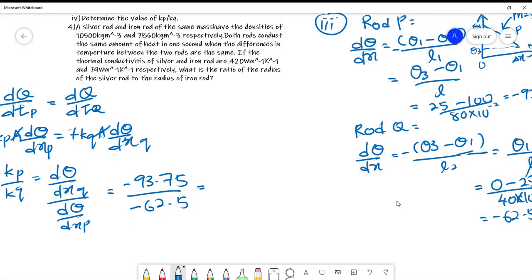Okay, so this is basically the temperature gradient of rod Q. Since the thermal conductivity is inversely proportional to the temperature gradient, this is 62.5 and this one is 93.75, and what I get for this answer is 0.67. This shall be the final answer.